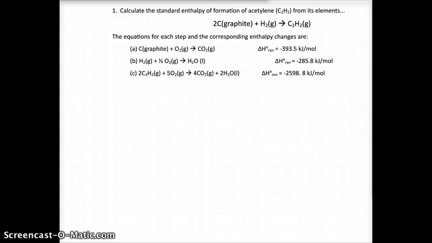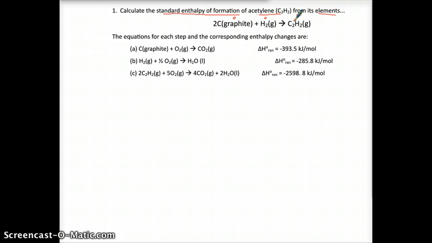So, let me look at this question here and see what we got. Calculate the standard enthalpy of formation of acetylene, C2H2, from its elements. Well, I know when elements are in their standard state, their enthalpy is 0. So I know the enthalpy of this is 0, and the enthalpy of this is 0. I'm trying to figure out the enthalpy of this. Okay?